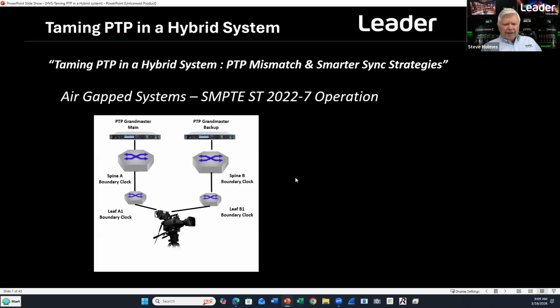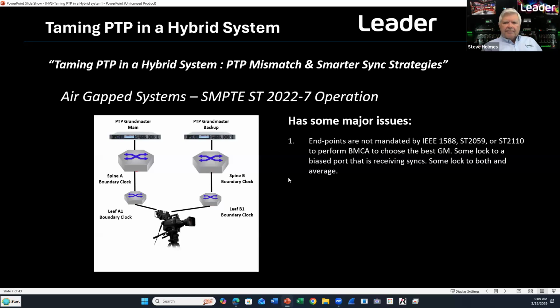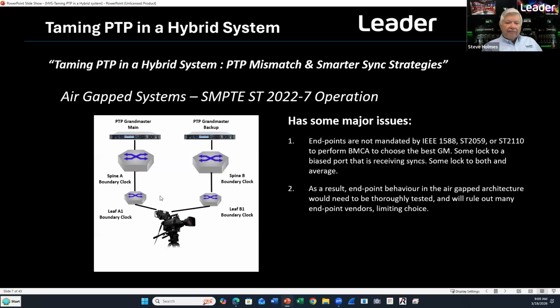The problem is that endpoints don't have to obey the BMCA, the best master clock algorithm, that chooses which generator you're going to lock to.